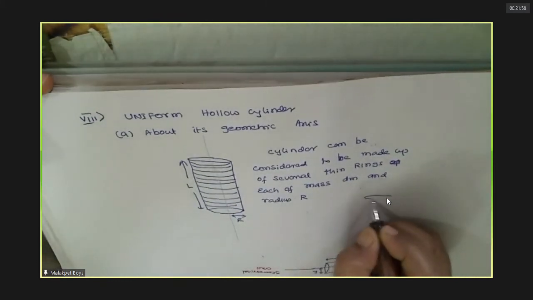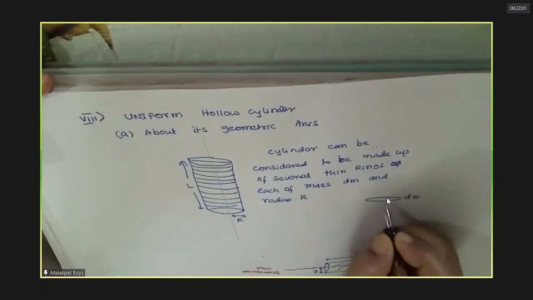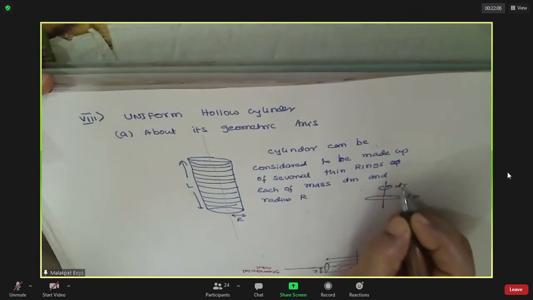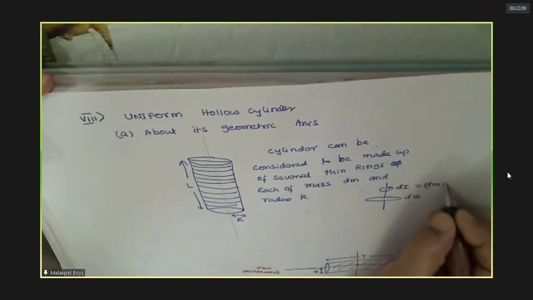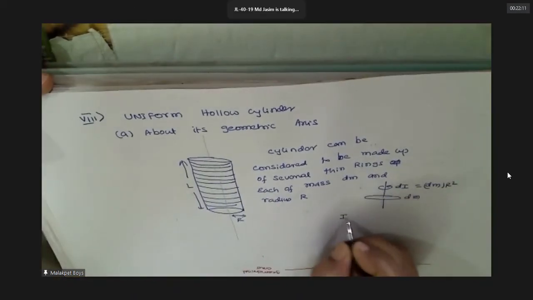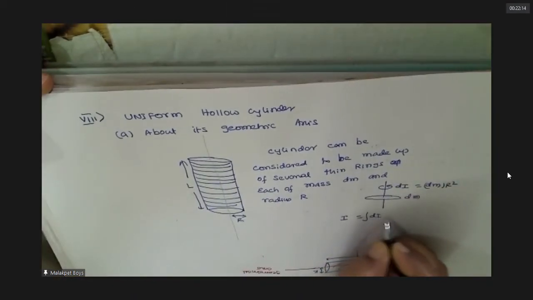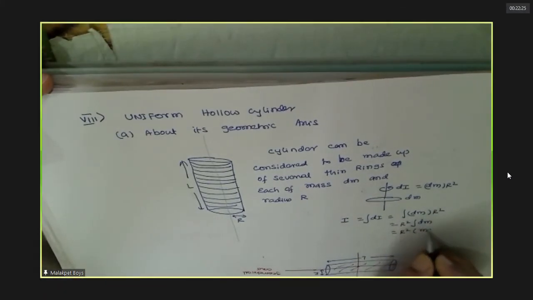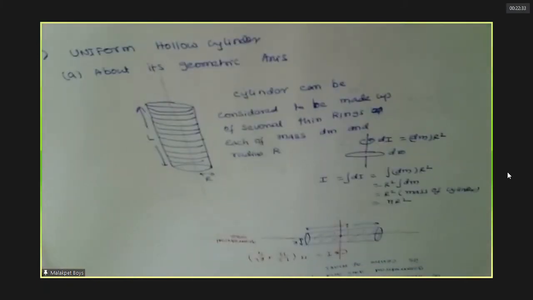Now we can see that if you consider one ring about this axis, this is mr square. Remember? Out of this, r square is constant, you can remove it. This is nothing but the mass of the cylinder. So what do you get here? mr square.